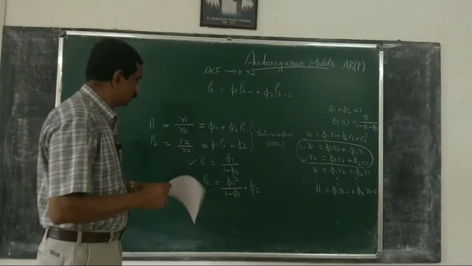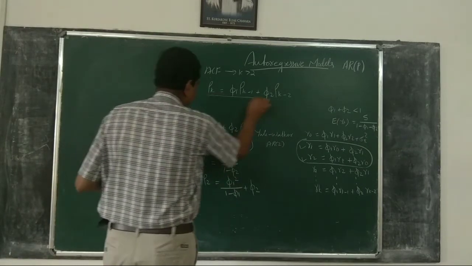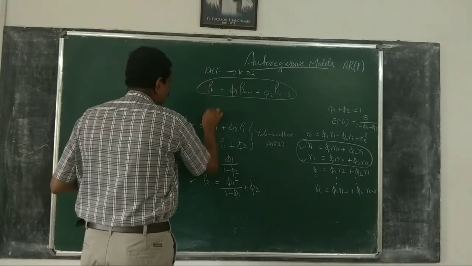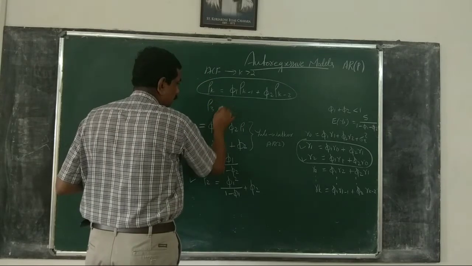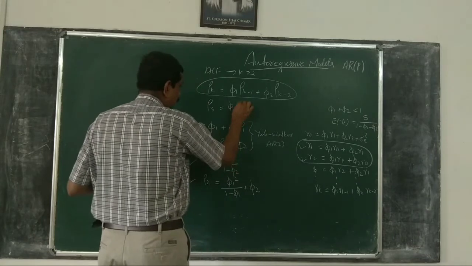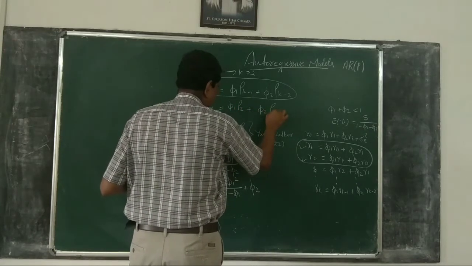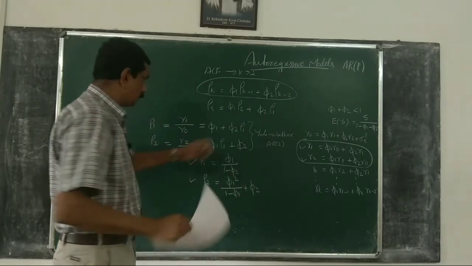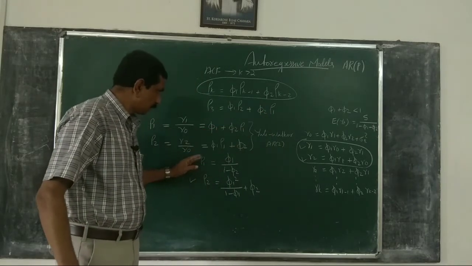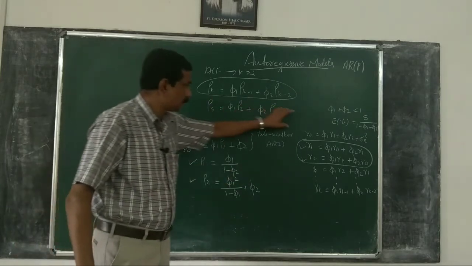So what is rho 3? Rho 3 is equal to phi 1 rho 2 plus phi 2 rho 1. Since rho 1 and rho 2 are given by the Yule-Walker equations, rho 3 can be calculated.